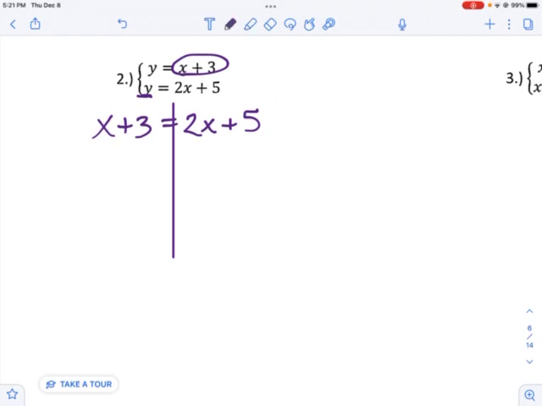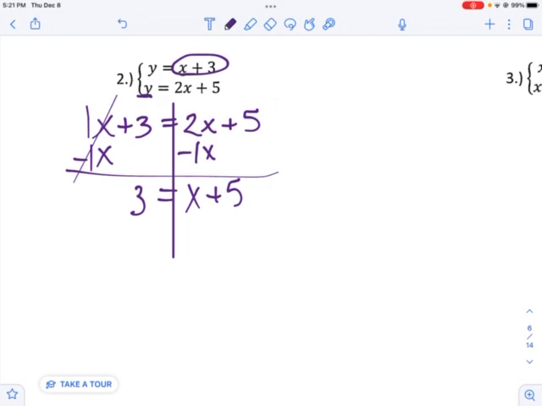I'm going to move the variable with a smaller coefficient, just so I don't have negatives. So I'm going to subtract 1x. And because these are my like terms, the 2x and the negative x, I'm writing that minus 1x right underneath the 2x. So I have x plus 5 left over. And then if I subtract 5 from both sides, I have x equals negative 2.